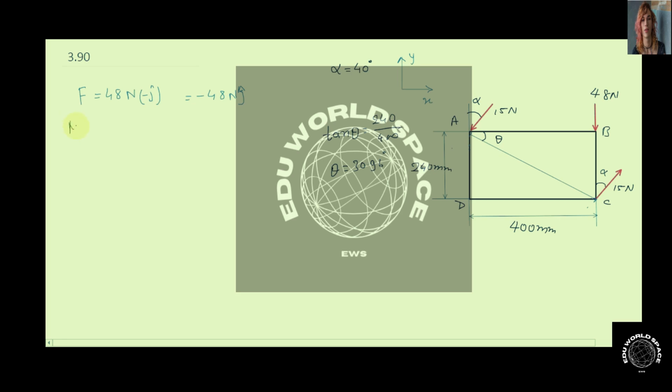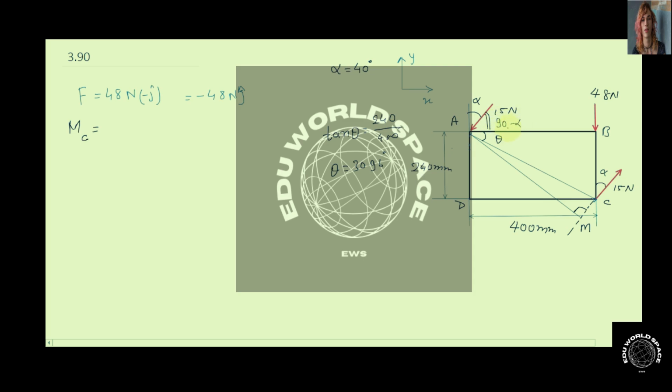So for the calculation of moment about point C, let's do some geometry here. We should draw a perpendicular line from A on this line of action, and let's say this is M and this angle is 90 degrees. This angle is alpha and this angle will be 90 degrees, so this angle will be 90 minus alpha.